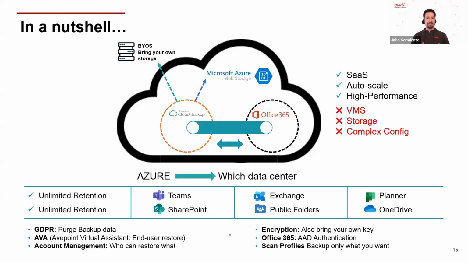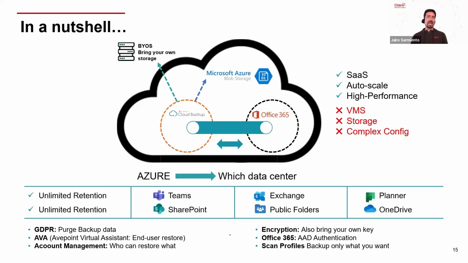and the solutions that we use to be able to scan all that data, index that data, and be able to back it up in a storage location. It could be that you're going to use the unlimited storage that we offer, or it could be that you want to have your own storage, right?